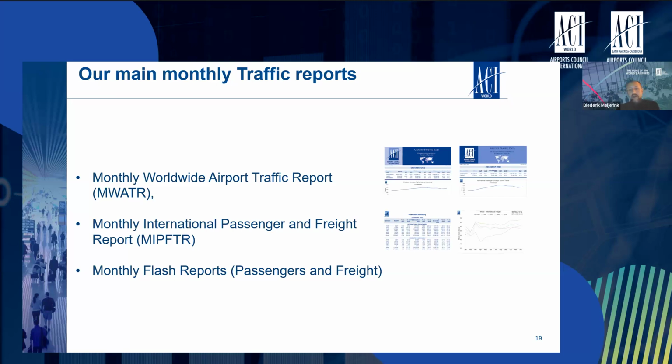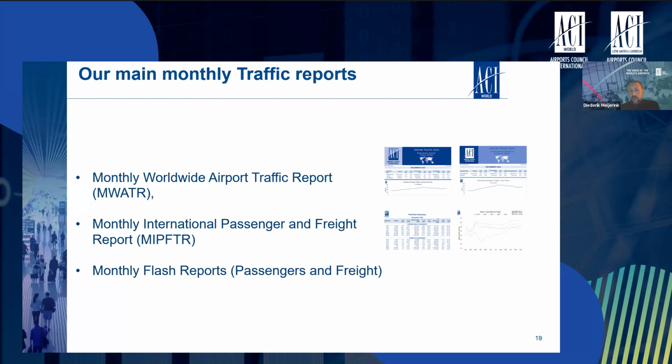So these are more high frequency reports, lower coverage, around 1,300 airports that are covered there, but with higher frequency. So the monthly World Airport traffic reports are 9 weeks after the reference month. We still have to collect those 1,300 airports, analyze it, produce it into reports, and make it available.